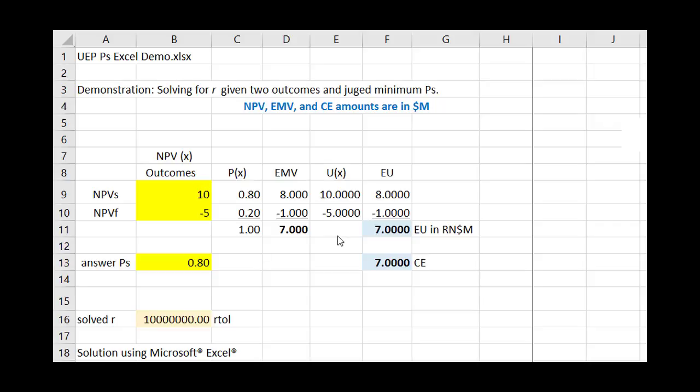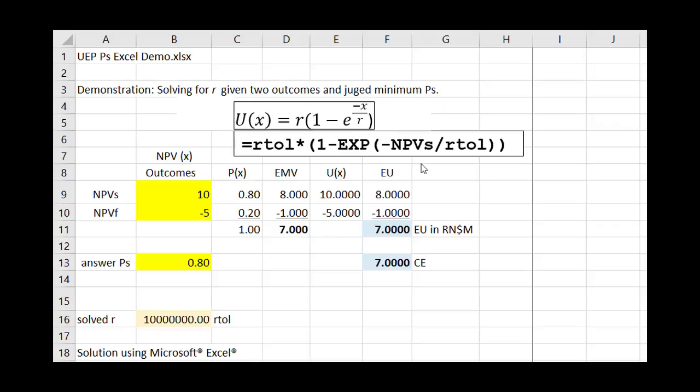Here's our utility column. These are equations for the utility function, this in textbook-like form, and the lower equation is what it looks like in Excel. So this formula is what is in this cell and this cell. The expected utility is just these values times the probabilities.